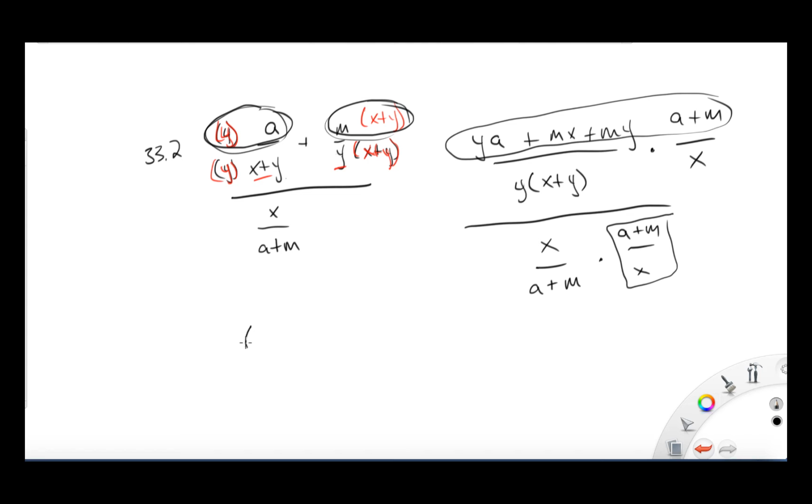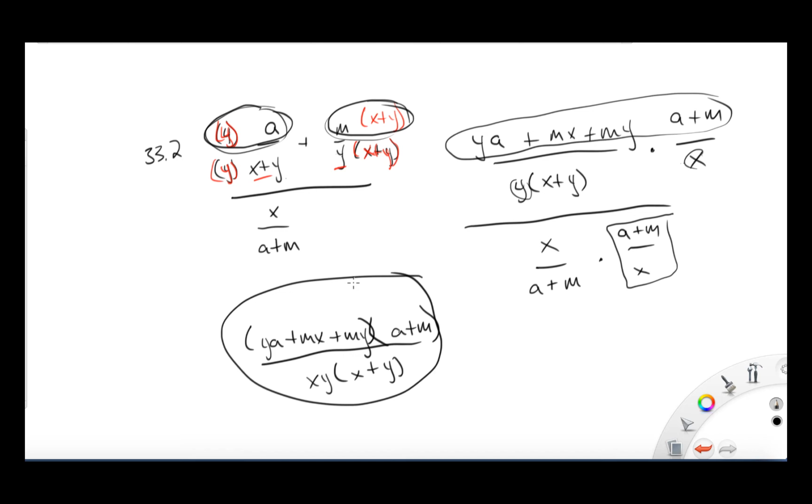So we would say ya plus mx plus my times a plus m over, now what's on the bottom here, okay, we have this x, right? So we're going to say this x and this y times x plus y.